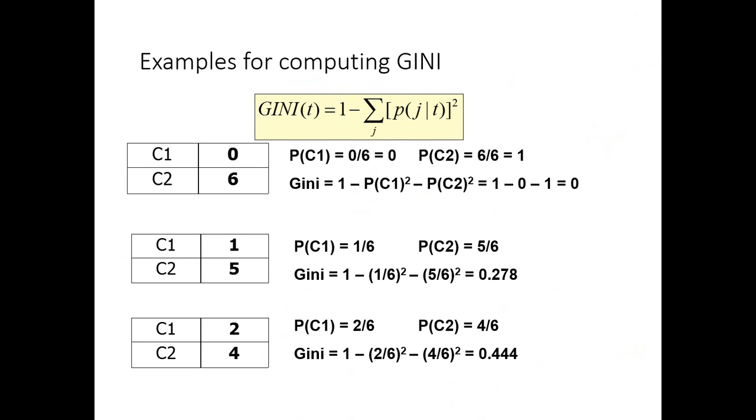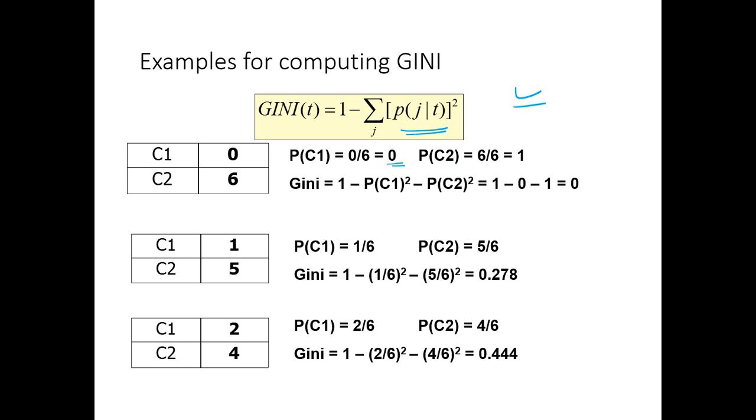So for an example of computation of Gini, we have got the formula, so you can use it. Here is the 0, 6 case. So calculate the probability of C1, because there are different probabilities for different classes at a particular node. This is node 1. So 0 divided by 6 is just 0, and the probability of C2 is 6 by 6, because the total is 6.